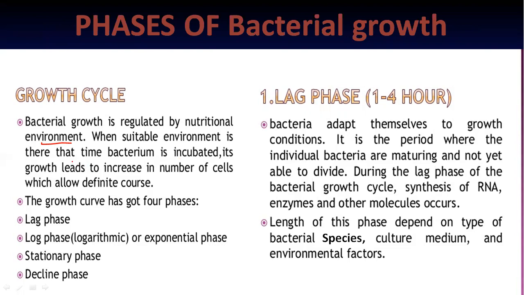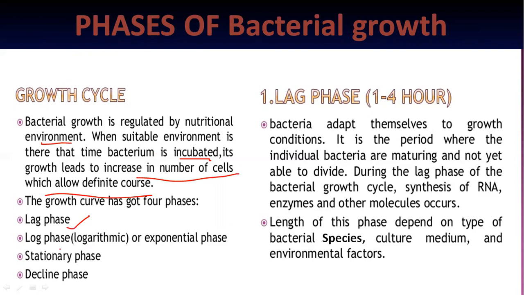When the environment is suitable, growth leads to an increase in the number of cells. Before that, under unfavorable conditions, they are in an incubation period, but in suitable conditions they grow rapidly.